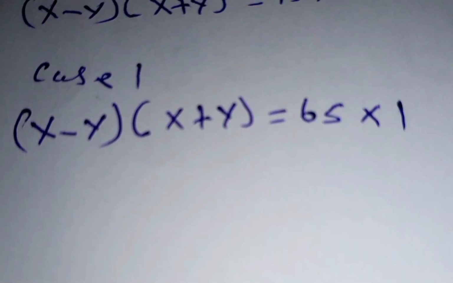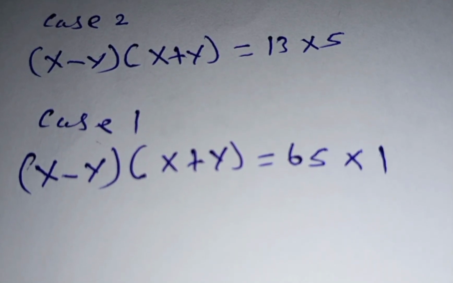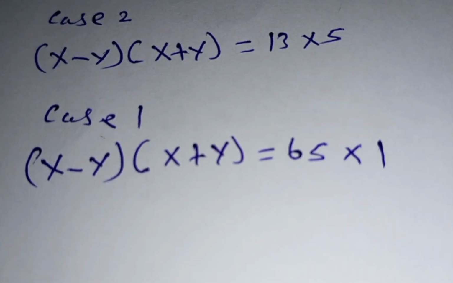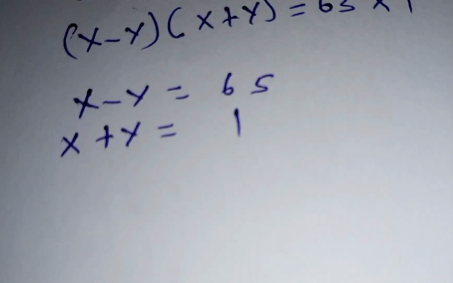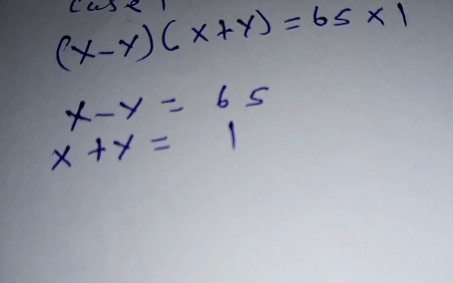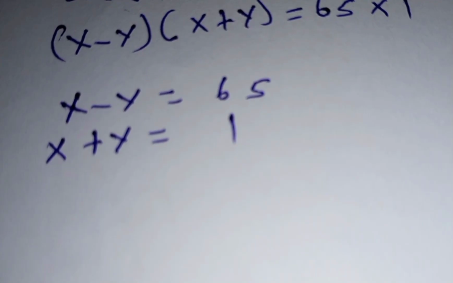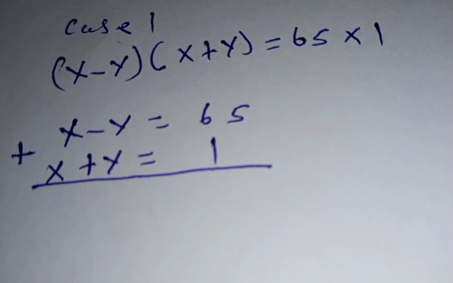Case 1 tells us that x minus y is equal to 65 and x plus y is equal to 1. So you write the two equations and solve them simultaneously. You can clearly see that you can solve this simultaneous equation by elimination.